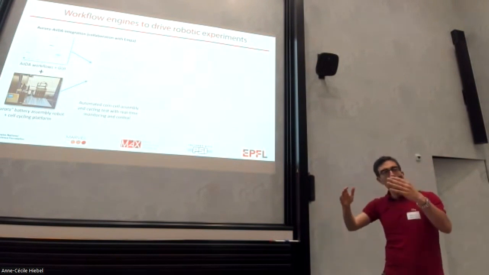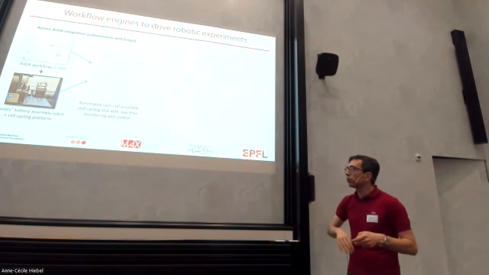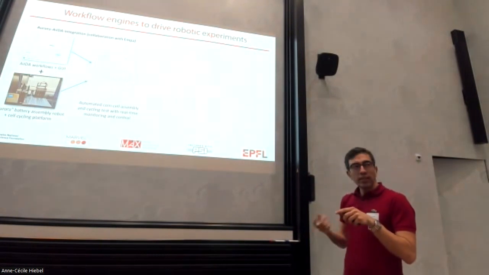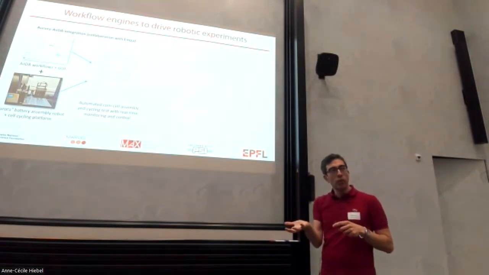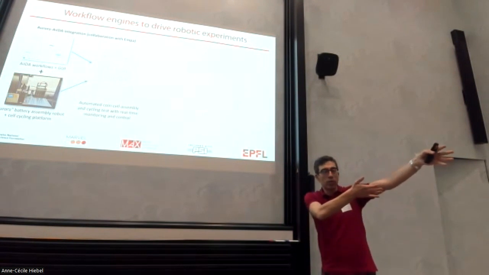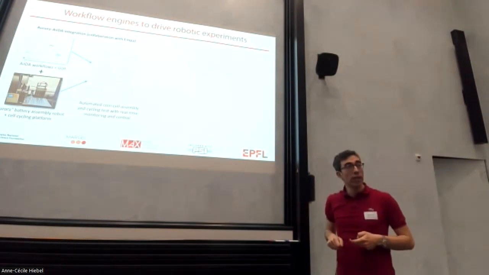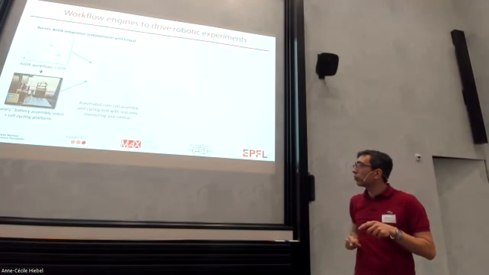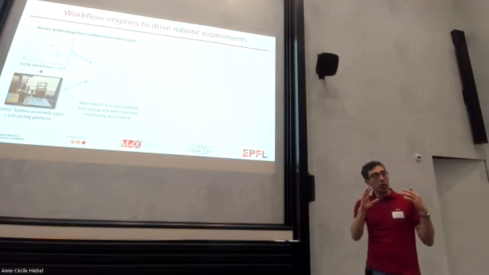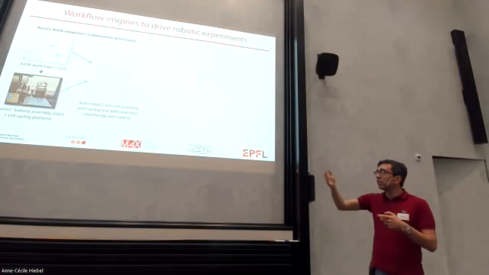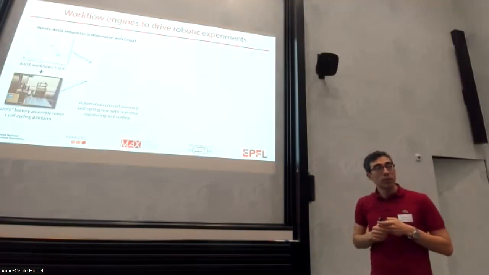So I want to run 32 batteries with these different compositions. This will run an AiiDA workflow under the hood, but this AiiDA workflow will not run a supercomputer calculation. We actually submit an experiment to this robotic platform. And in the end, in the browser, the user will be able to see the results of their experiment.